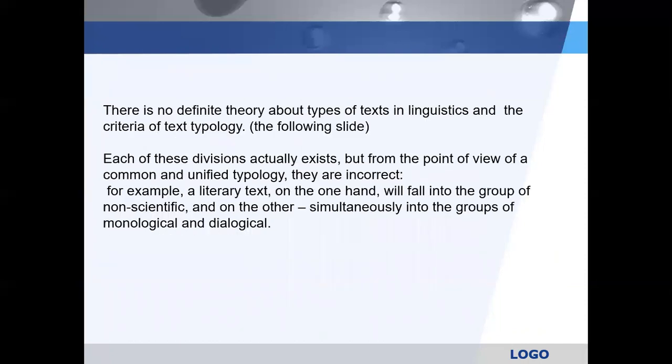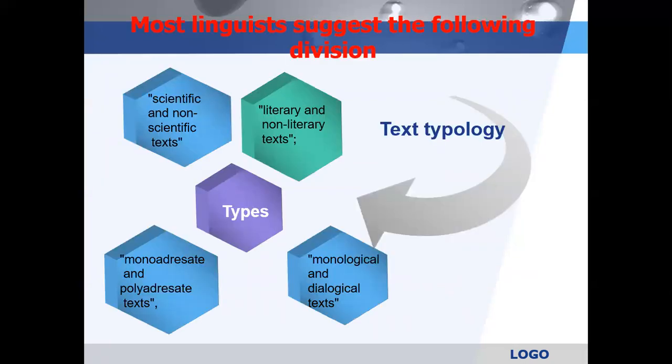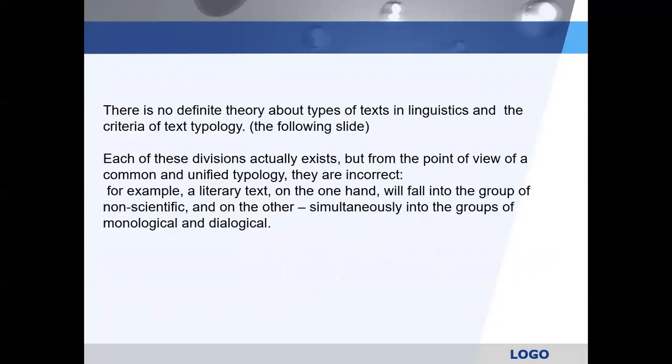There is no definite theory about types of texts in linguistics and the theory of text typology. So most linguists suggest the following division of texts: scientific and non-scientific texts, literary and non-literary texts, monological and dialogical texts, and mono-addressee or poly-addressee texts.